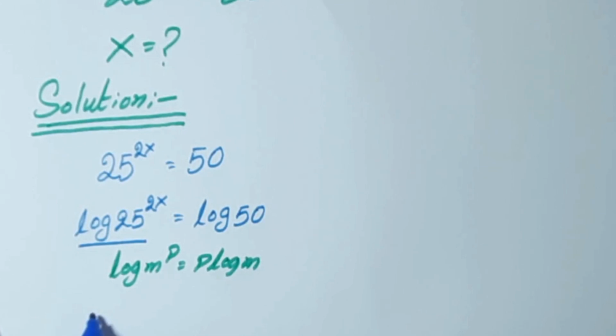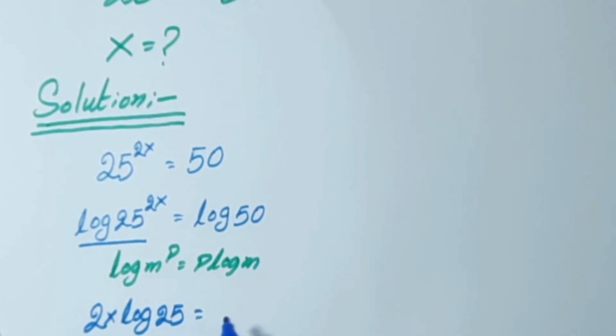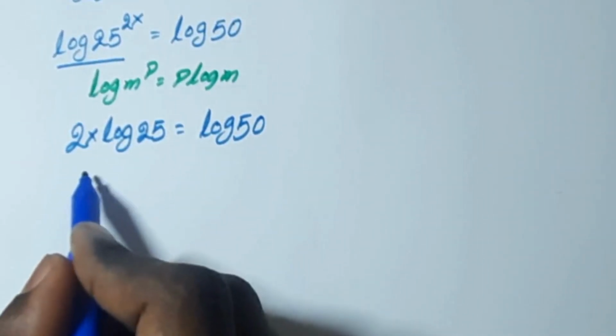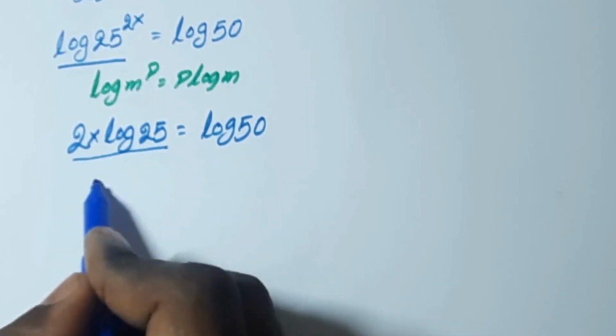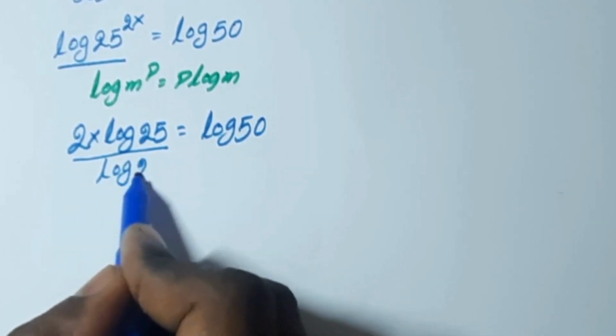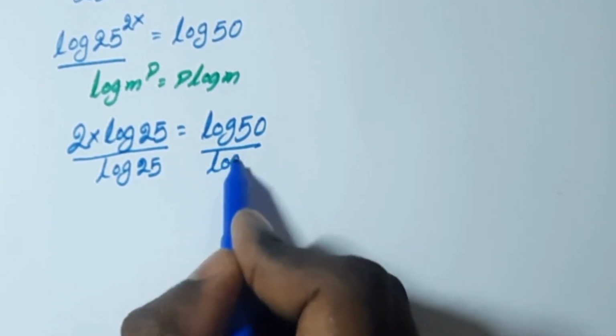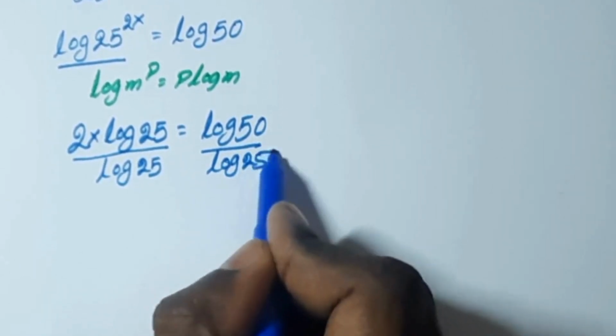So 2x log 25 equal to log 50. Now divide by log 25 on both sides.